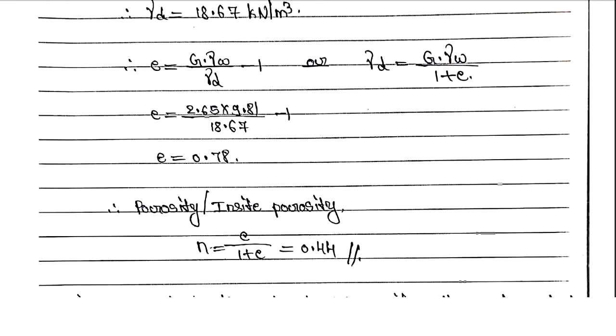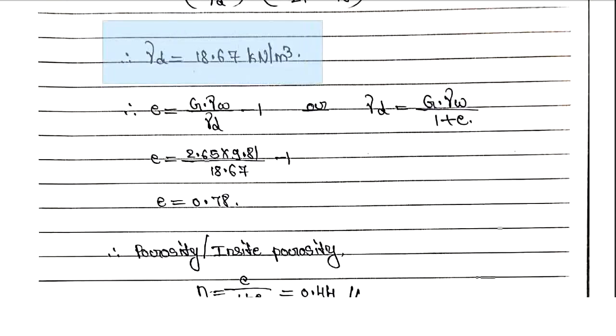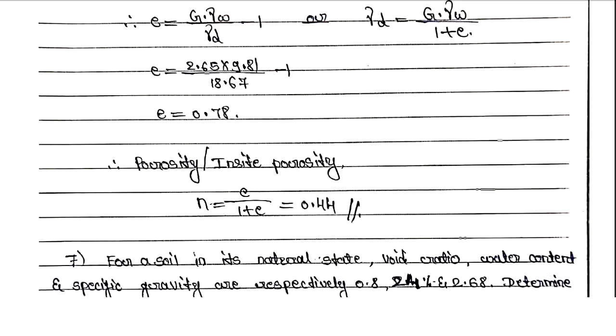To determine it, we need the in-situ dry density, not the maximum or minimum dry density. After that we need to calculate the void ratio, that is the natural void ratio. We don't need e maximum or e minimum, but the regular e. By using this value we can find the value of n.